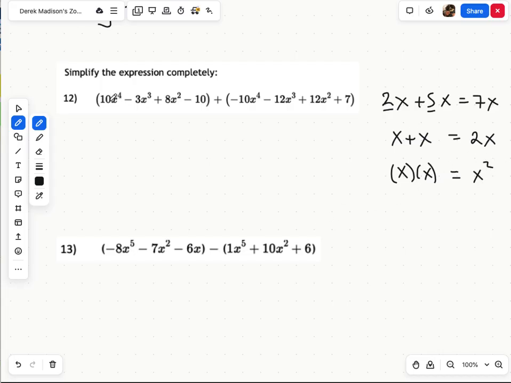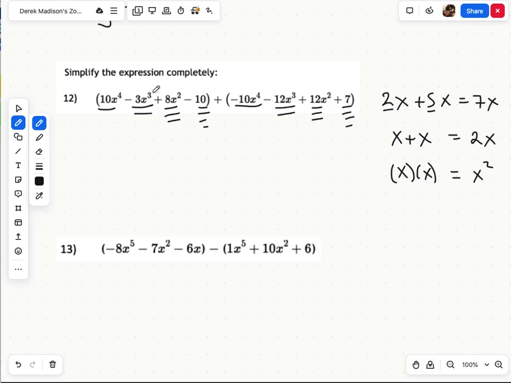So we're looking for things that have the same powers. x to the fourths will go together, x to the thirds are going to go together, x squareds are going to go together. That's one of the nice things about writing things in descending order. And then the constants are going to go together. So I have 10x to the fourth minus 10x to the fourth. Great, those are gone. For my cubes, I have -3x cubed minus another 12x cubed.